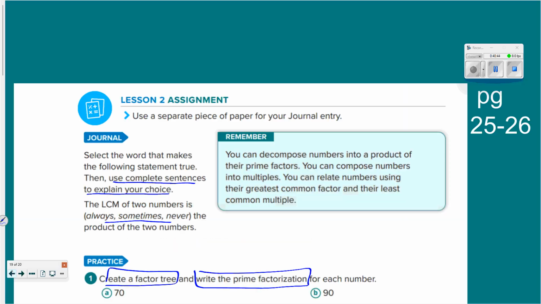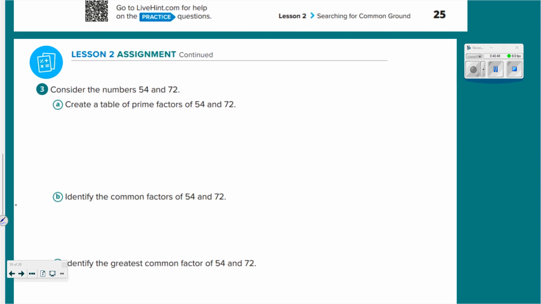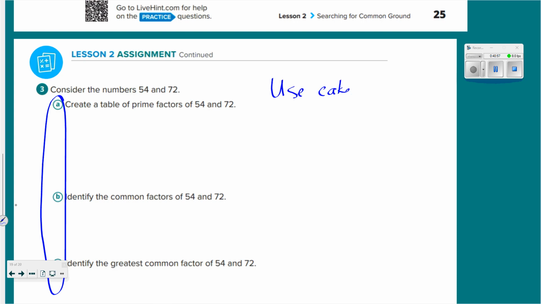And here's your other last one. Determine the least common multiple. So find the LCM and at least one other common multiple. Once you have found a common multiple, multiply by 2 or multiply by 10. Any multiple of that number will also be a common multiple.